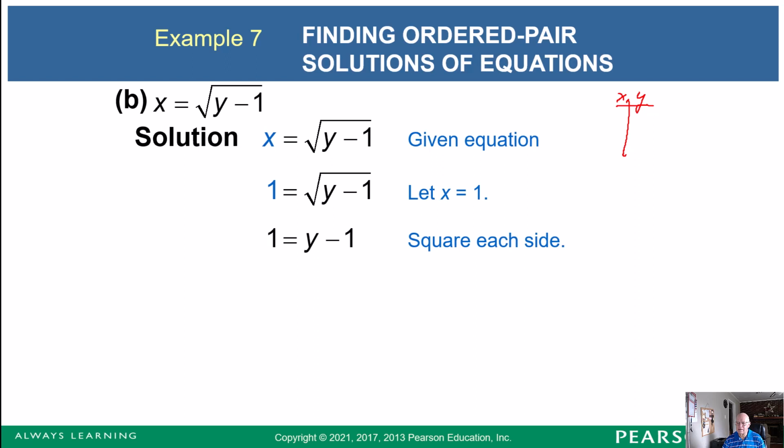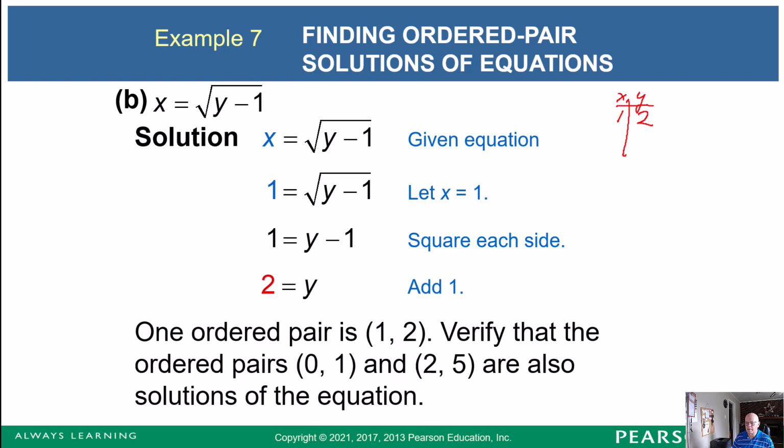Square both sides, pretty simple. Add 1 to both sides, and the y coordinate is 2. The x was a 1, and the y that went along with it was a 2. There you've got an ordered pair. And you can also do that by finding points like 0, 1, and 2, 5, because they will make this a true statement, which makes them solutions.